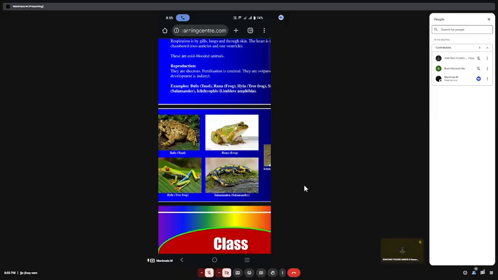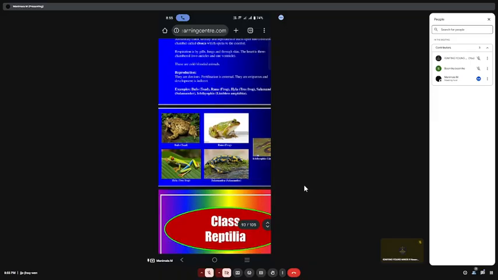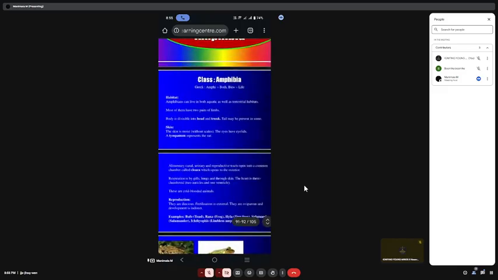So this is about the amphibians. One more time I will recap the characteristics. Amphibians live in both aquatic as well as terrestrial habitats. Their body is divided into two parts, the head and the tail; the tail is present throughout life in the salamander.